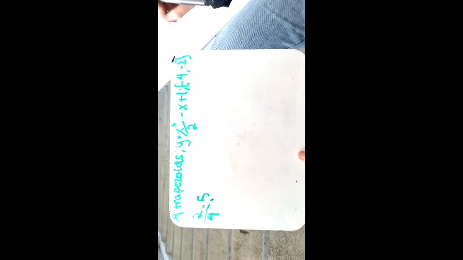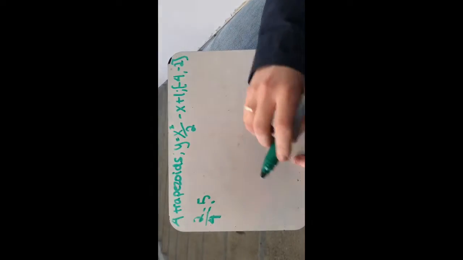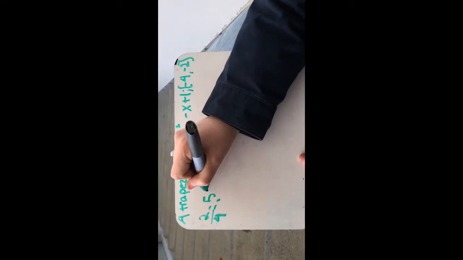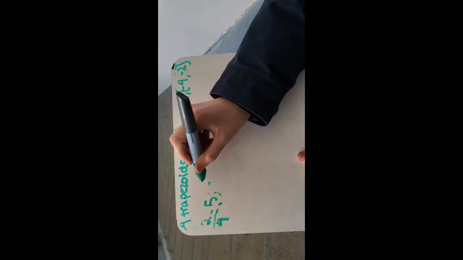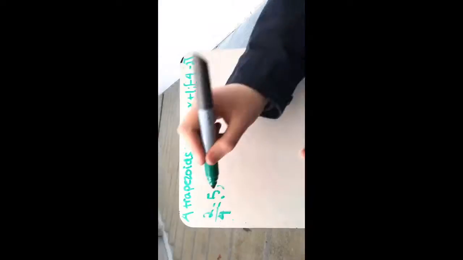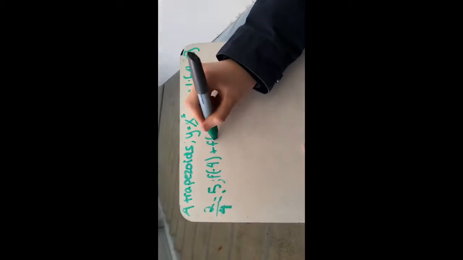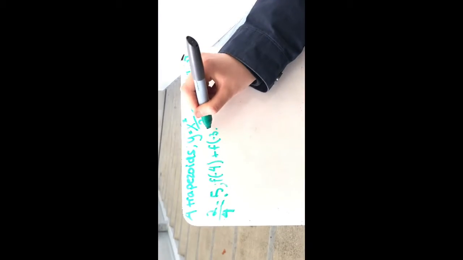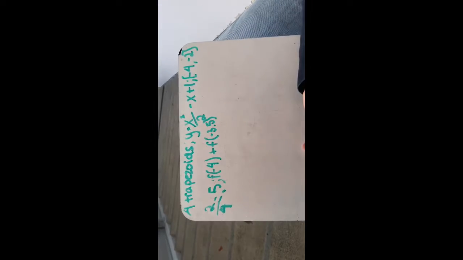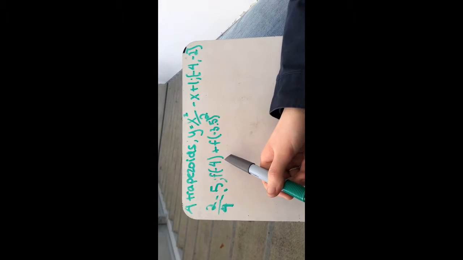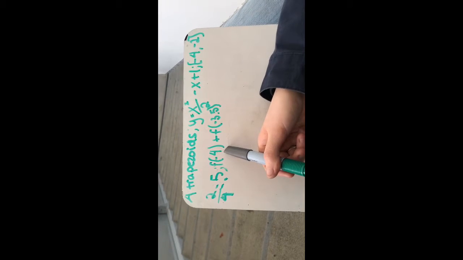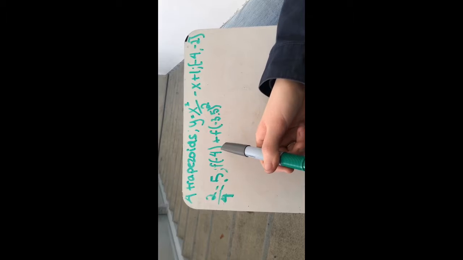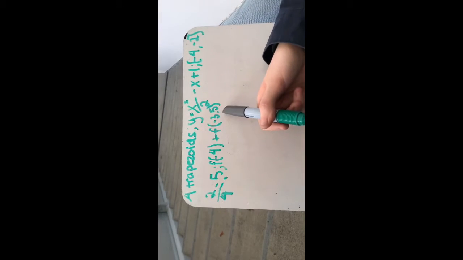And then to find the points, we know that the first point is -4. So we will just plug it into the trapezoidal formula, the area for a trapezoid. So f of -4 plus f of -3.5, because if the width of the trapezoid is 0.5, and you add 0.5 to -4, it's -3.5.